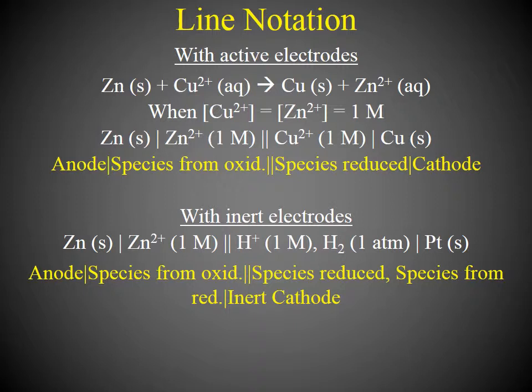This is now on the right side of the description after the salt bridge. The species reduced, then the species being produced from the reduction, and then my line, and then the description of the inert cathode that I'm using, which in this case is platinum.